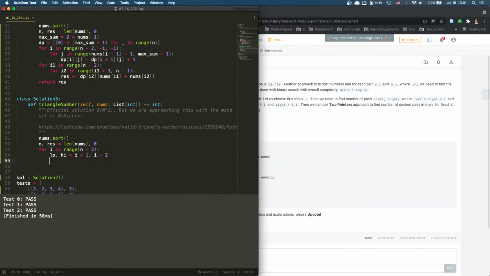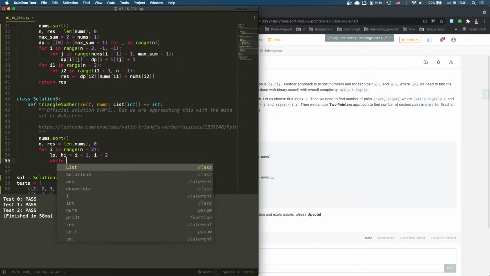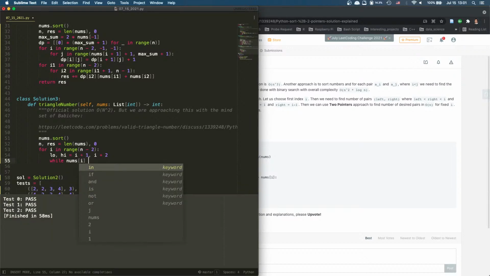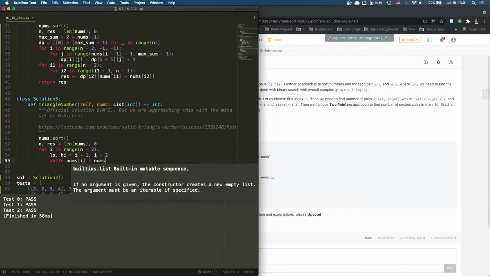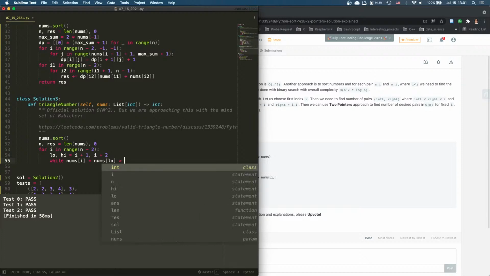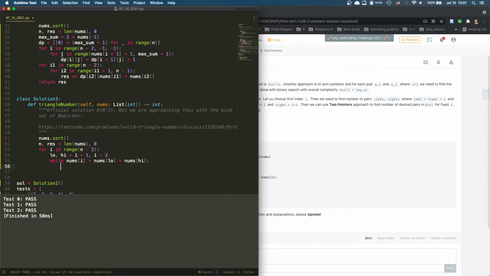We say while nums[i] plus nums[low] is larger than nums[high], then res plus equal to 1 and high plus equal to 1 until it fails.